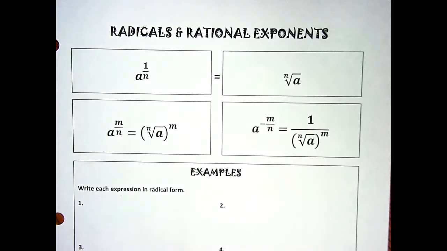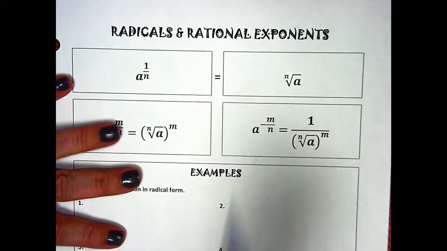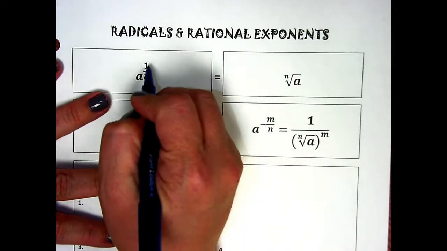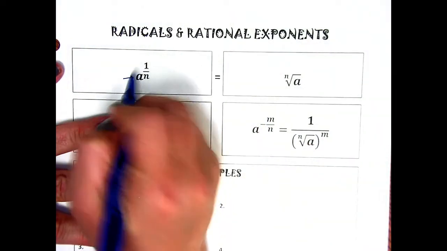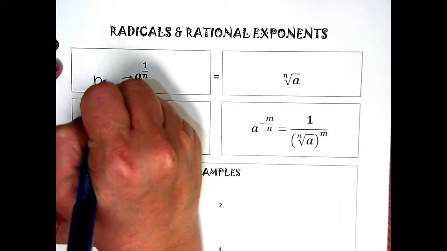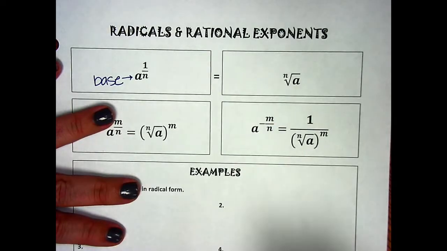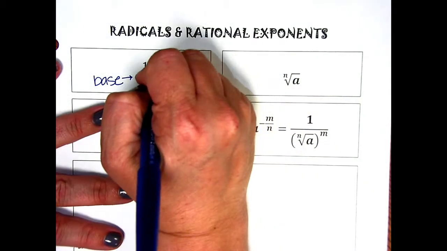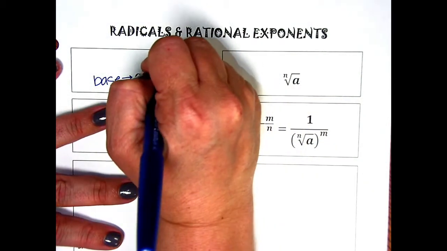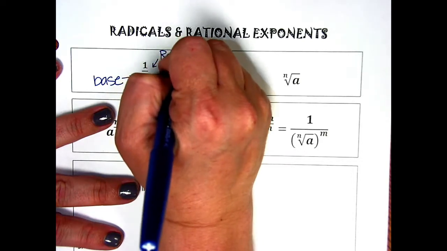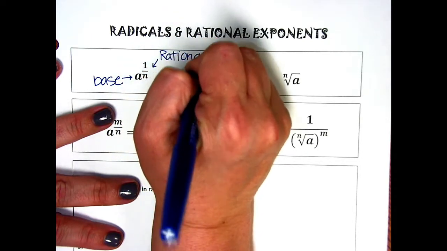Okay, we have a different way to look at things. If I have a to the 1 over n, a is my base, and 1 over n is a rational exponent.